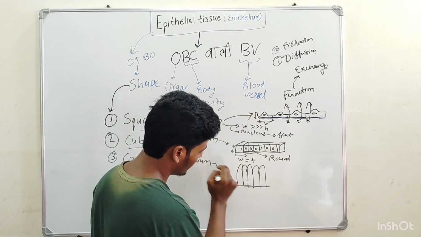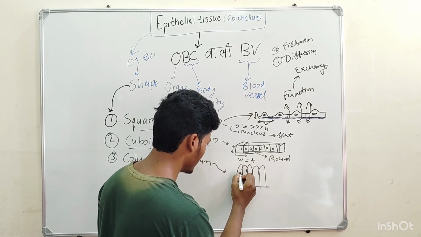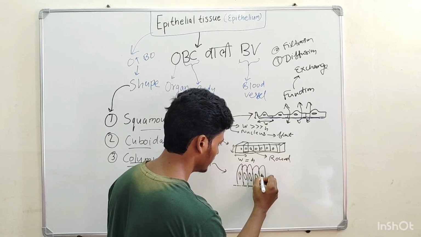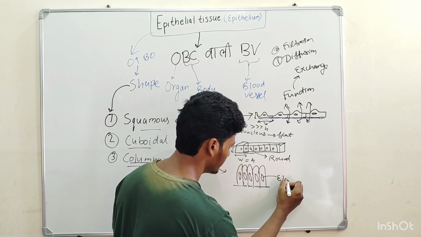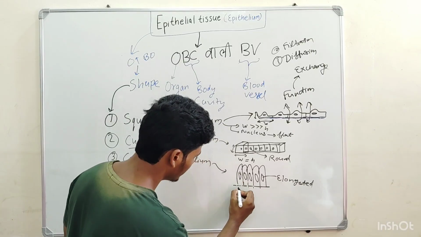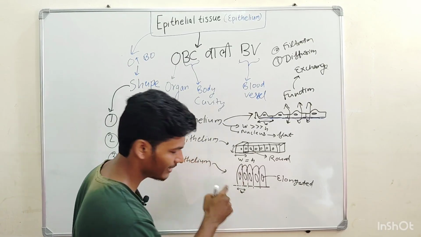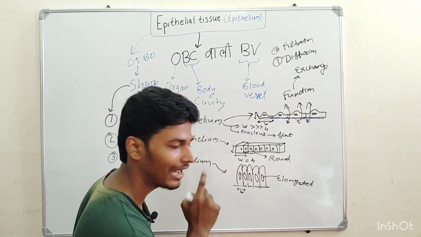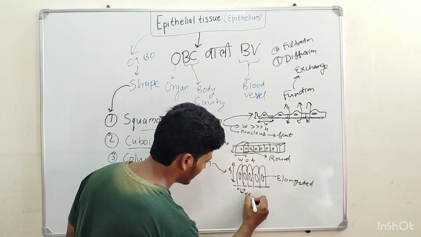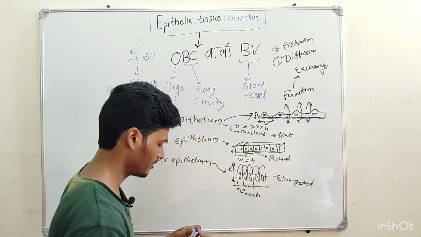Because it is long, its nucleus is also elongated in shape. And you see the width is very less in comparison to the height.